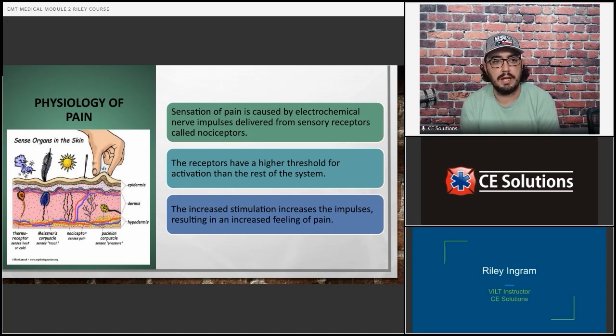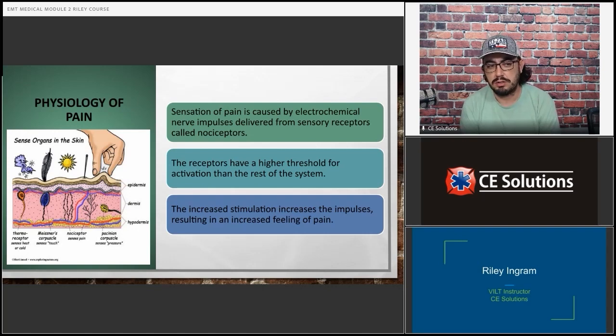So their threshold is inherently going to be higher than ours. Why do you think men have man flu, right? We don't do very well with illness or injury or pain in general. I know I get all cranky. My wife hates it.